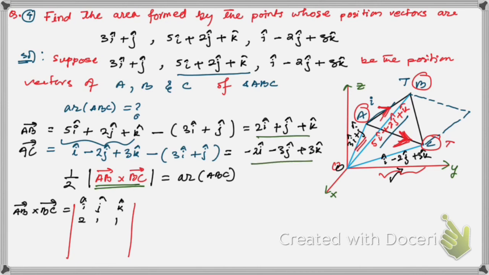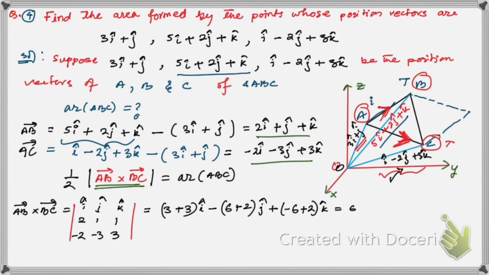Using determinants, from vector AB we have got 2, 1, 1, and from vector AC we have got -2, -3, 3. So let's find the resultant vector. This is going to give you this vector, AB cross AC. So let's take its magnitude.